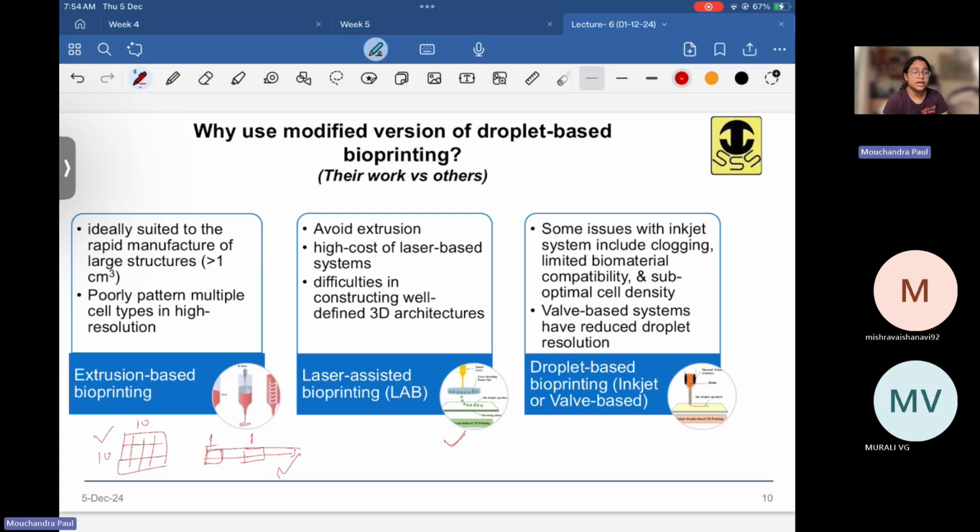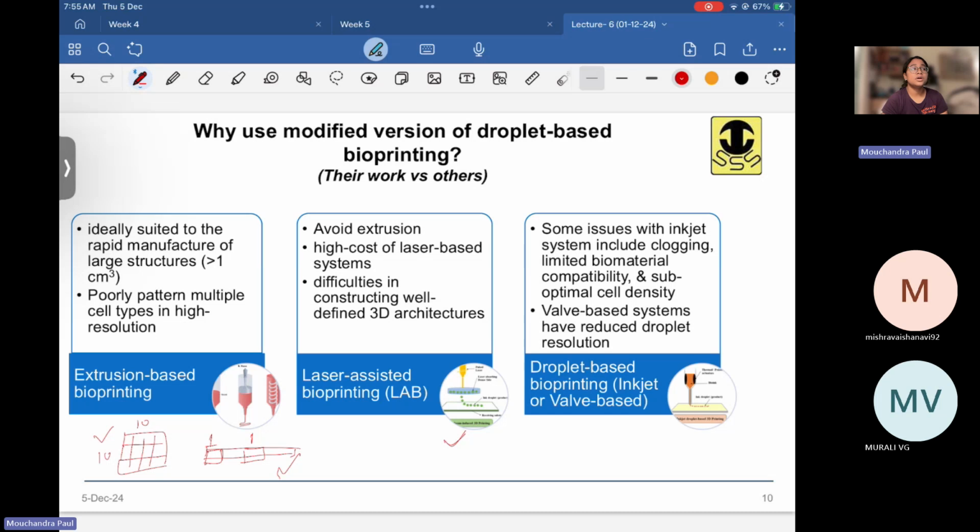Then you can also play around with the printer parameters like volumetric flow rate, extrusion pressure, the speed at which the printhead is moving, the temperature, and light properties and everything.